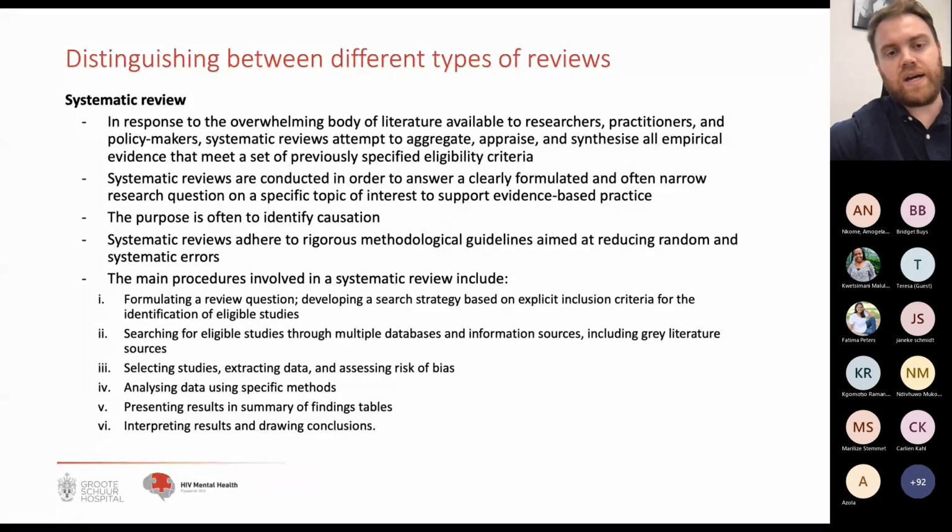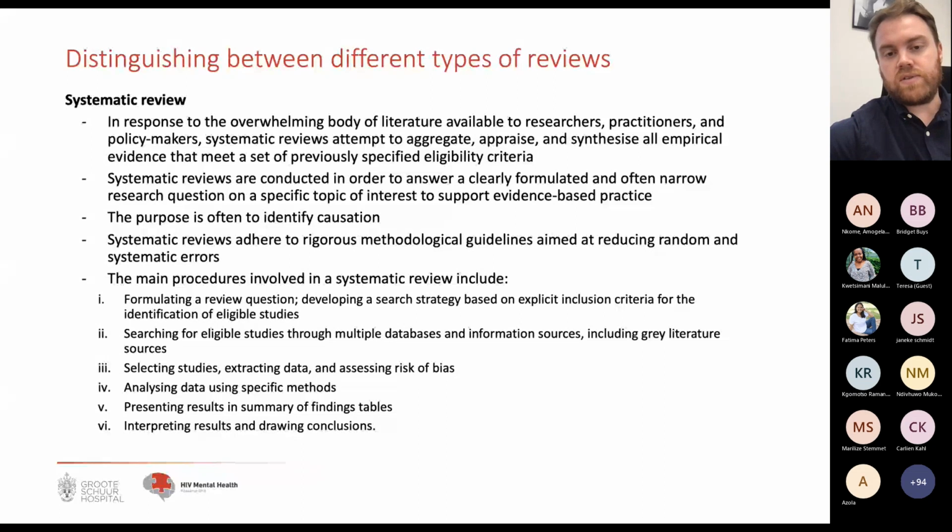And the purpose is often to identify causation, because remember, in a narrative review, you're trying to provide a comprehensive overview of what is known on a certain topic, whereas with a systematic review, you're trying to identify what works for what outcome. Systematic reviews adhere to very rigorous methodological guidelines aimed at reducing random and systematic errors.